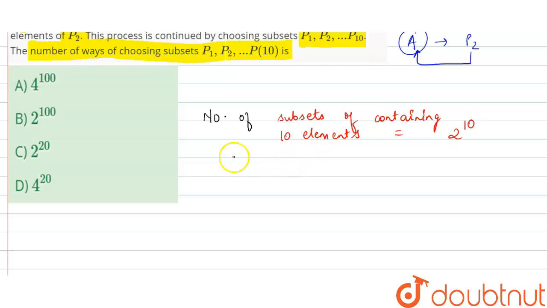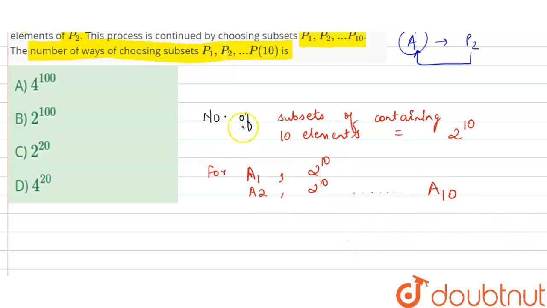Now they have said for P1, suppose we have chosen the elements for P1. Now this P1 will have 2 to the power 10 options to be chosen. Similarly, P2 will again have 2 to the power 10 options, and this process will continue up to the subset P10.